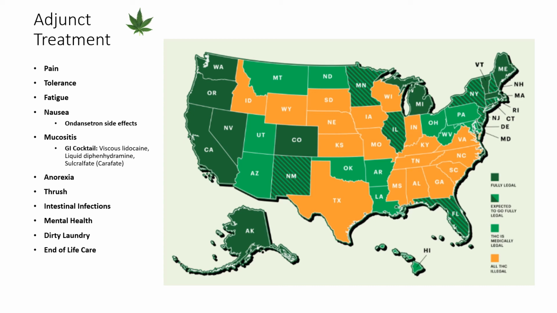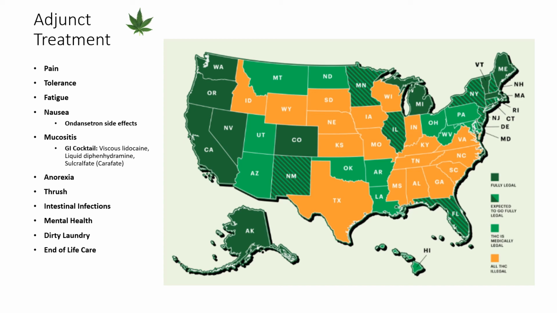So pain. Typically, if it's mild pain, it can be addressed with acetaminophen and sometimes with non-steroidal anti-inflammatories. But often cancer pain isn't mild, so we need to use opioids, narcotics, to deal with the pain.